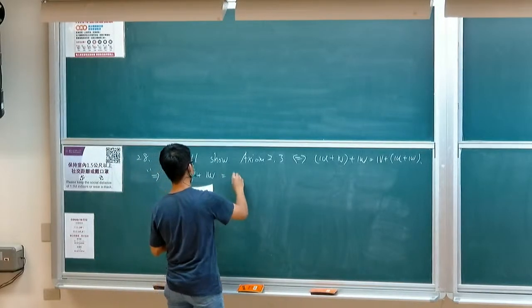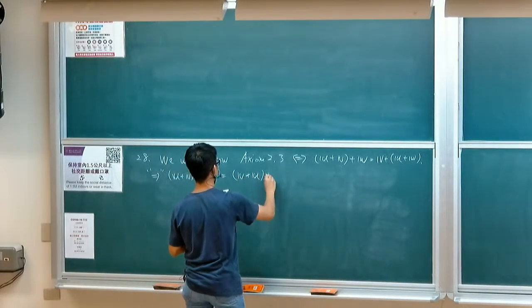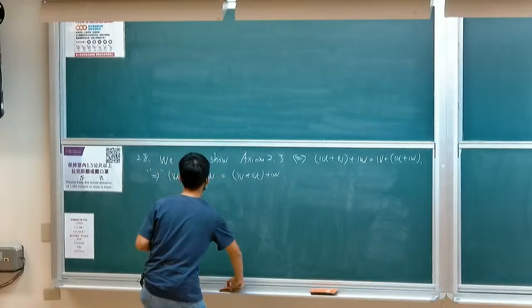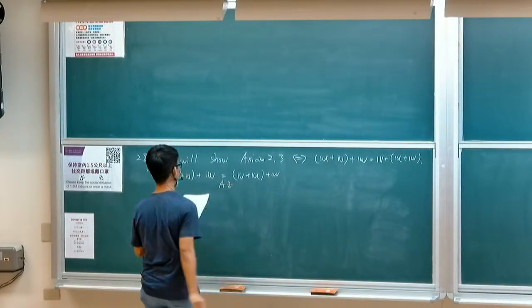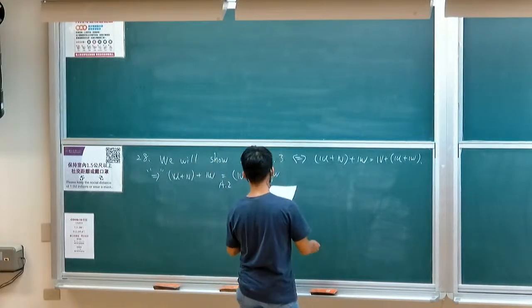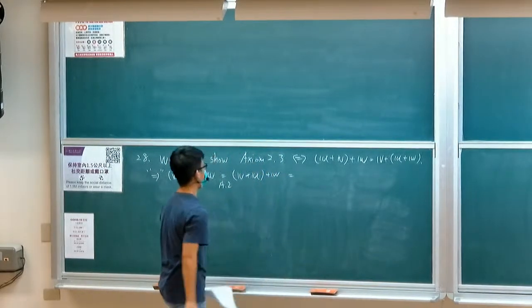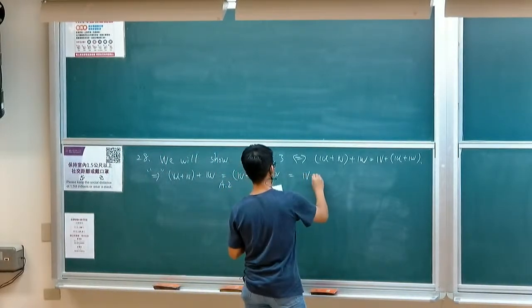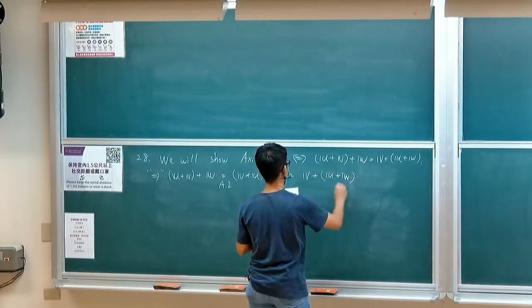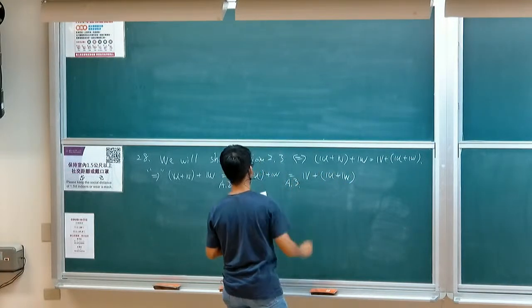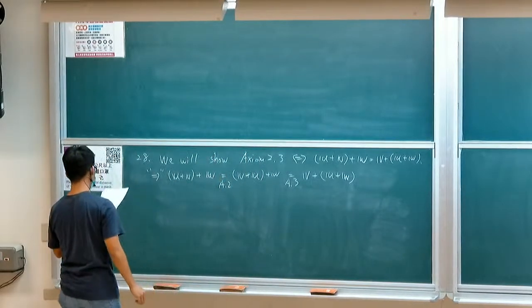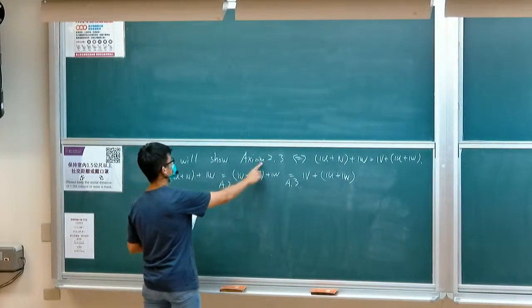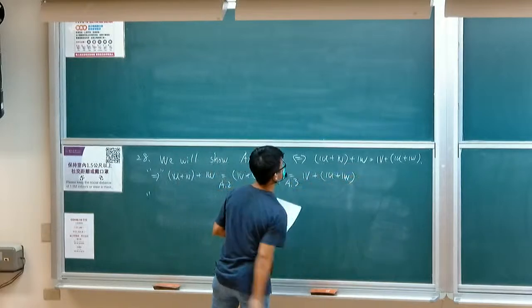So we have V plus U plus W. Then by axiom 3, we can do this addition first. So if we have axiom 2 and 3, then we can imply this equation.